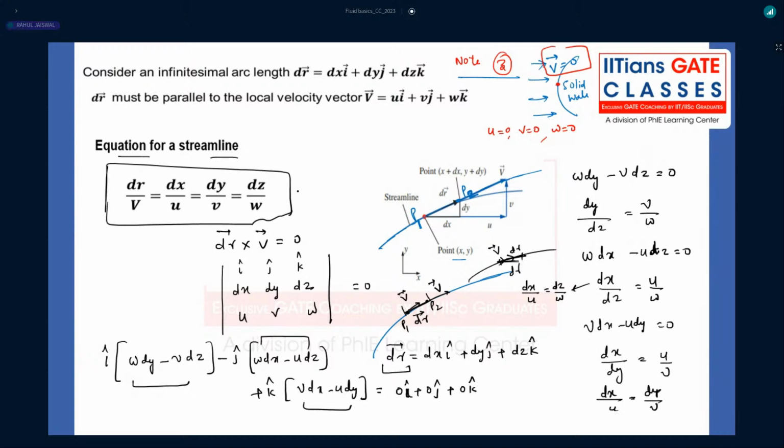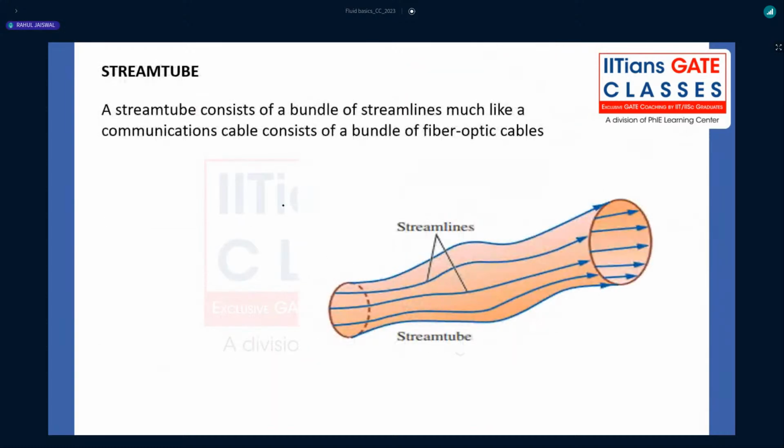Now, one more term is there, that is nothing but the stream tube. What do you understand by the stream tube? A stream tube is just like a communication cable. When you open the cable, it is made up of so many wires. A single wire, you can think of as a streamline.